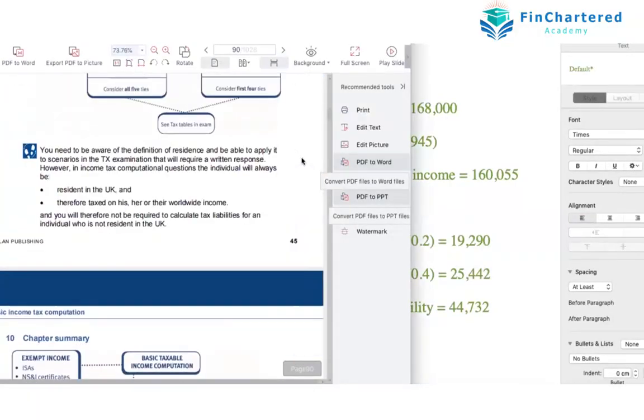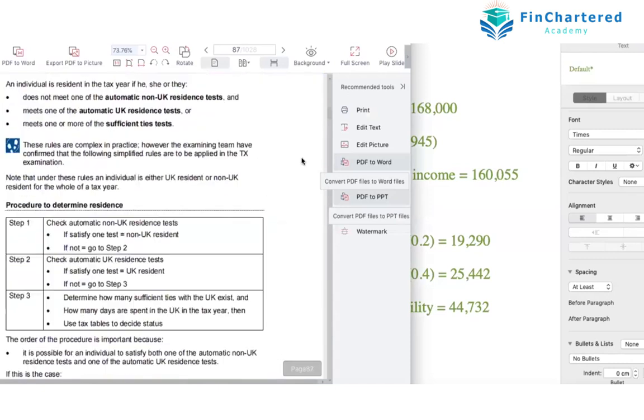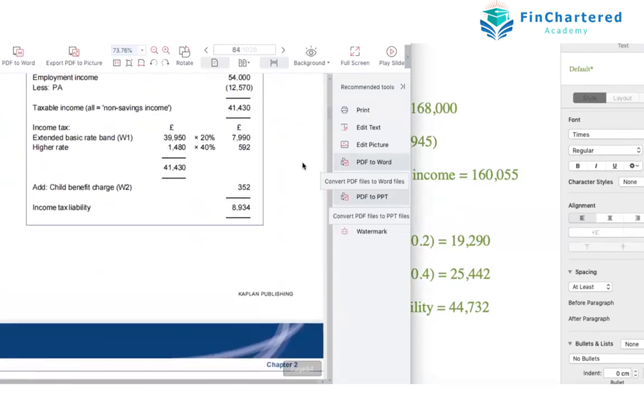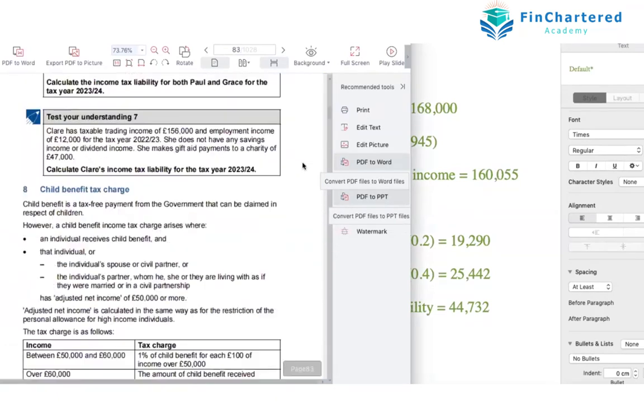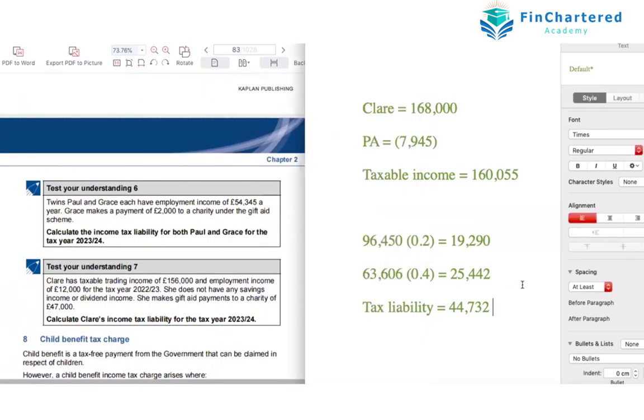So guys, one exercise I want you to do to realize the power of just making a donation: how much your tax goes down by. See, because the donation was made, your tax liability is 44,732. Can we just assume that this lady made no charity?